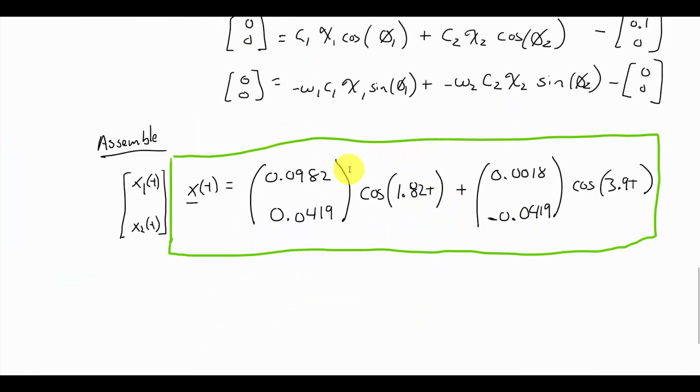If we notice the first row of x, which is x1, the coefficient in front of the smaller natural frequency is much larger than the coefficient in front of the second term. So that's why it appears that it's mostly oscillating at the 1.82 radians per second and barely any at the 3.9. However, for x2, the second row, the coefficients are actually the same in front of the two frequencies. So that's why there's a noticeable oscillation at both of those frequencies when we plot it.